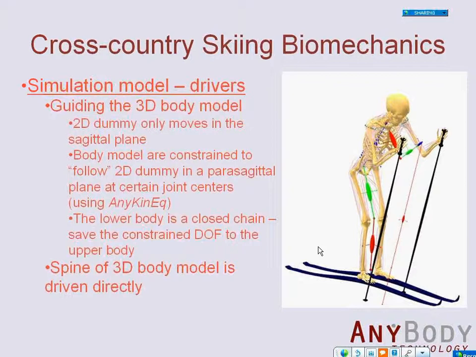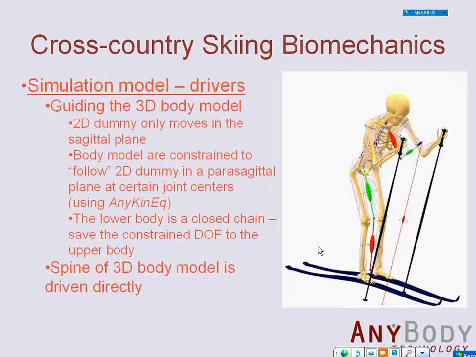And for those of you who know AnyBody, I use the function AnyKinEq. The lower body, in this case, is a closed chain, and the markers are constrained to the upper body. One problem is not to over-constrain the lower body and not to under-constrain the upper body.